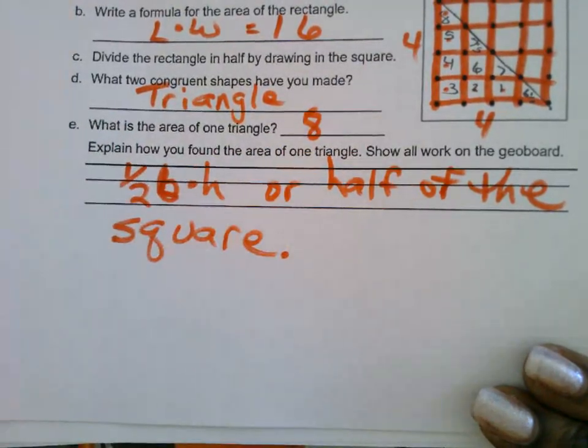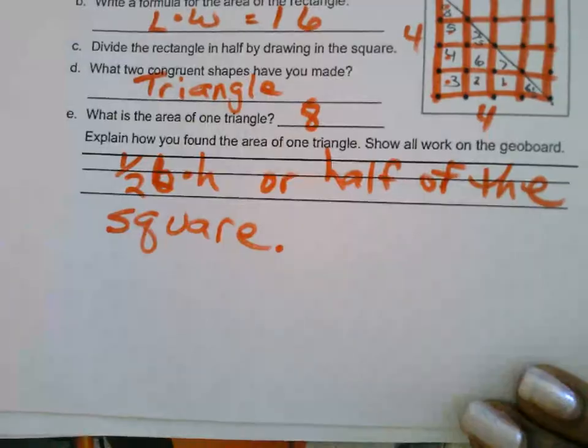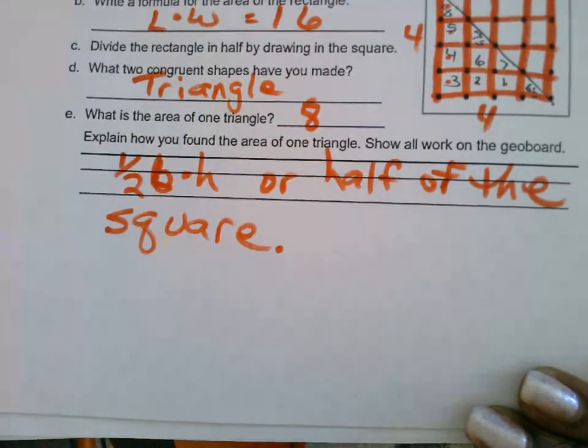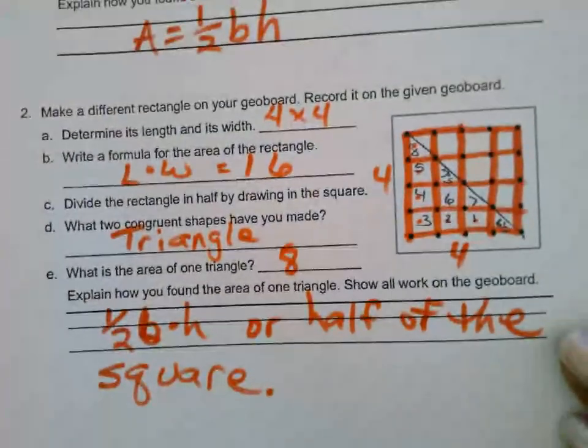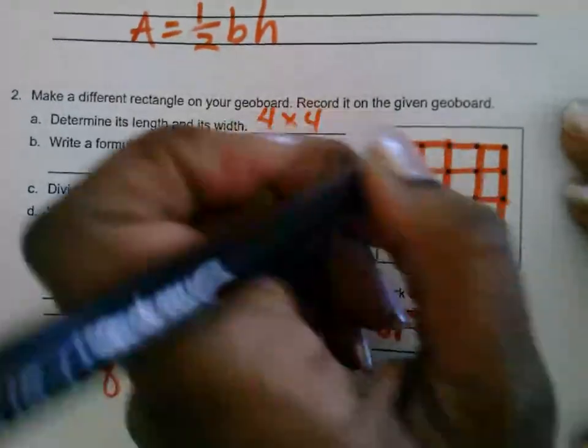Oh, it did say draw a rectangle. I drew a square. I should have drawn a rectangle. Let me do one right here.